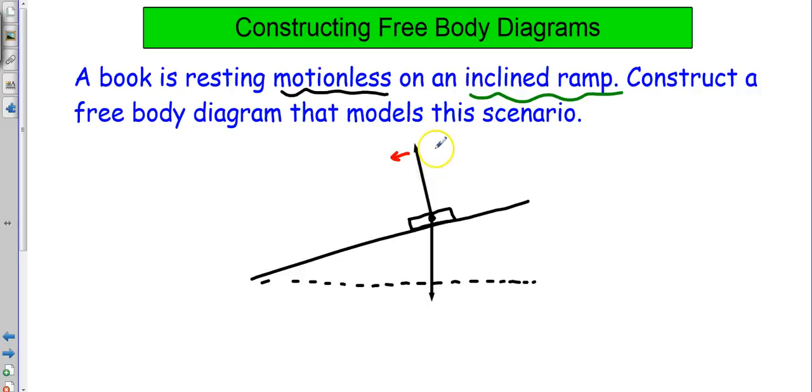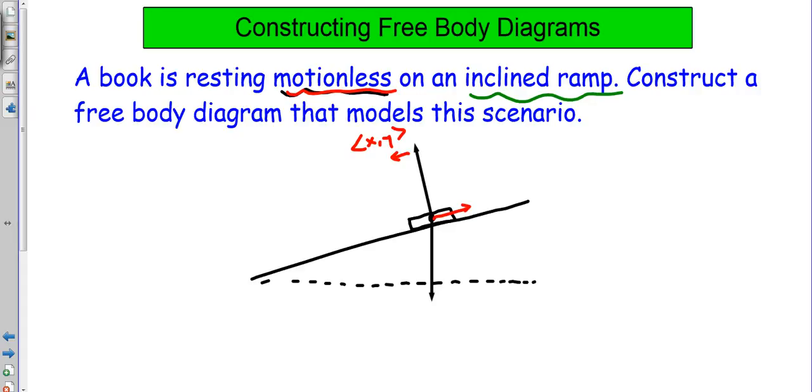When you think about the x and y components of this force, it does have a little bit of force acting in the x direction, in the negative x direction, which is really important, because if this thing's motionless, we need to balance that out. We do that by drawing this arrow right here, this vector, and that would balance that out.